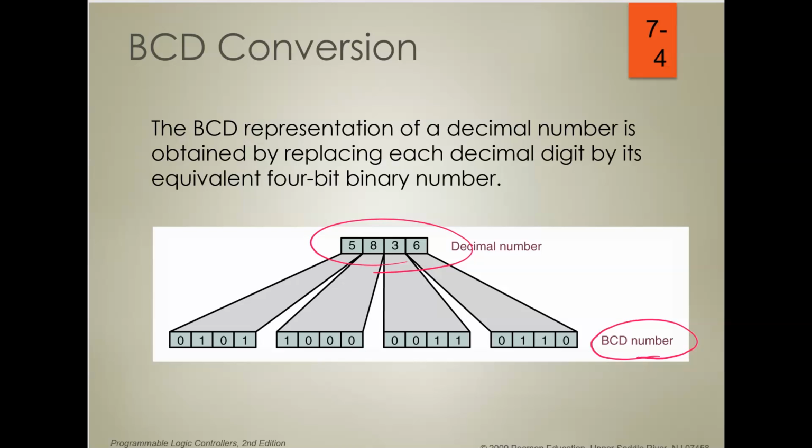Now let me show you another example here. I want to ask you a question. I want to know if the number that I'm writing here is a correct or valid binary coded decimal number. So this is my number, 10110110.